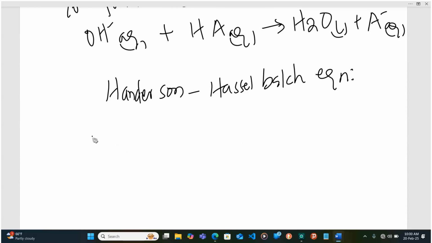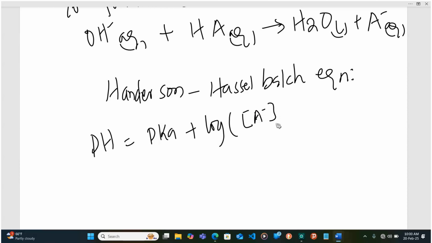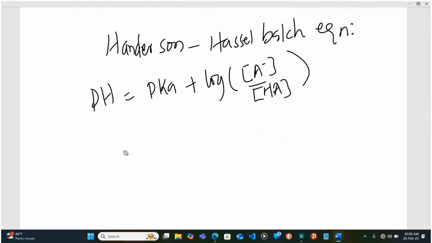The pH of that solution is equal to pKa plus the logarithm of the concentration of the weak base divided by the concentration of the weak acid. So this is the conjugate weak base and this is the weak acid. Given any problem, you will be required to determine the concentration of the conjugate weak base and then the concentration of the weak acid.